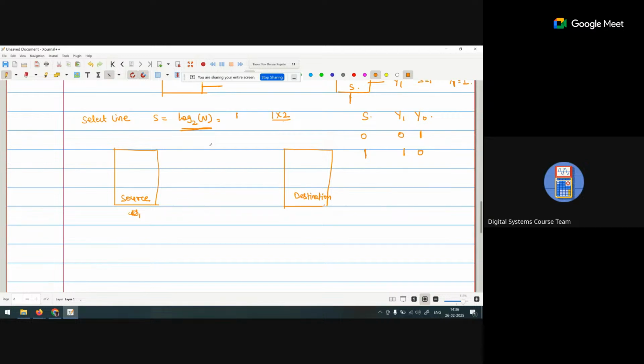The distance between source and destination is 100 kilometers. Now, if user 1 wants to transmit data from the source to user 1 at the destination, and user 2 wants to transmit data to user 2, what is the problem in that case?